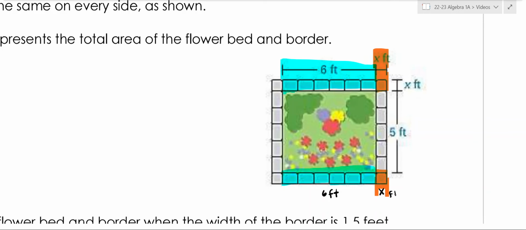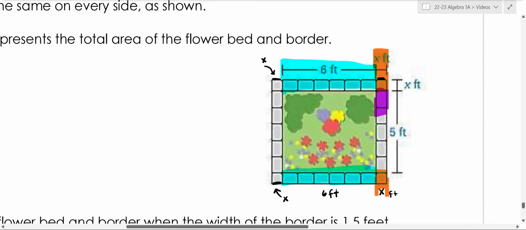If this right here is X feet, then this one right here is also X feet. Same thing here. So you see, you have to be able to decipher the information that's being given to you. Now, I'm going to have to use green or purple.